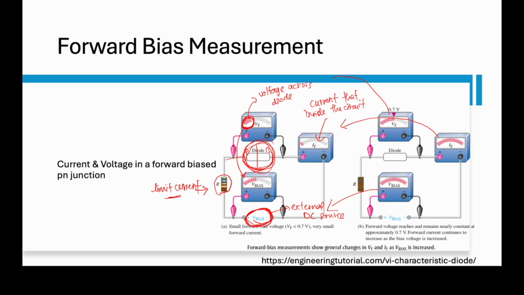That's why the voltage across the diode is not the same as the voltage that we apply at the DC terminal. We can see here the voltage is less than 0.7. What is 0.7? What we learned in the previous lecture is the barrier potential value, the barrier voltage.